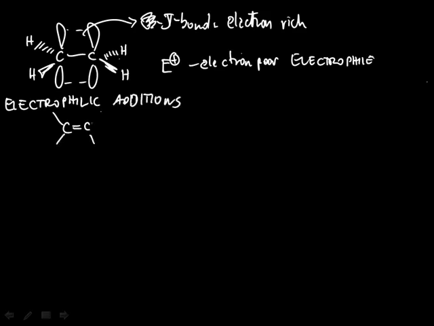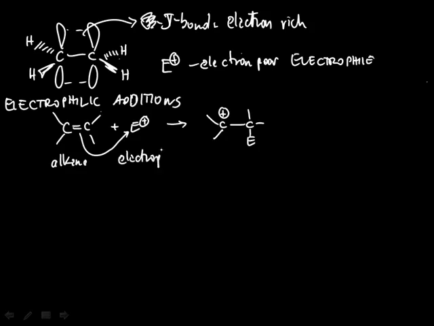They proceed through a sequence of steps. The first step is typically a nucleophilic attack of this double bond on the electrophile, which then leaves one carbon of the double bond in the form of a cation. So if we start with an alkene here, have it react with an electrophile, the first product would be a carbocation.